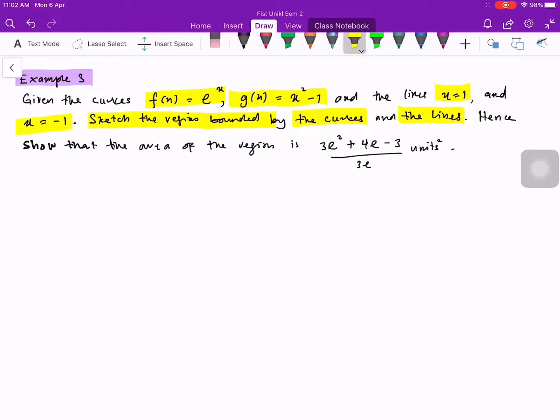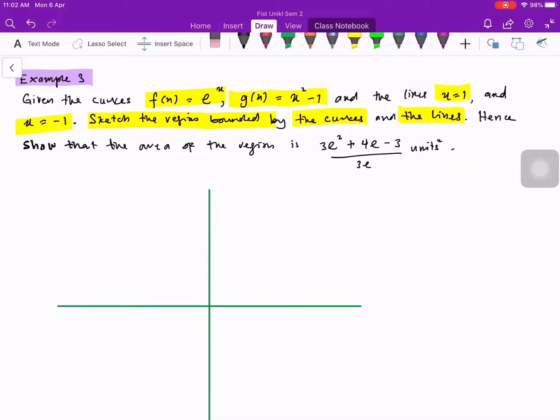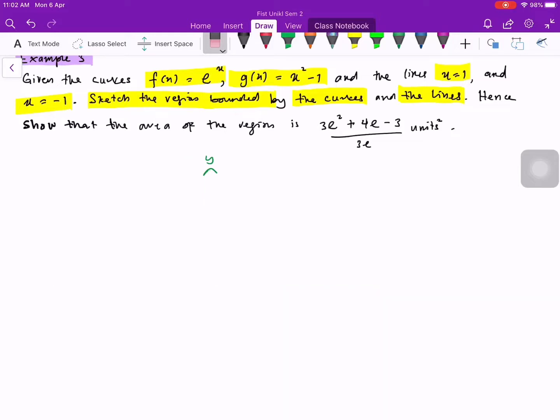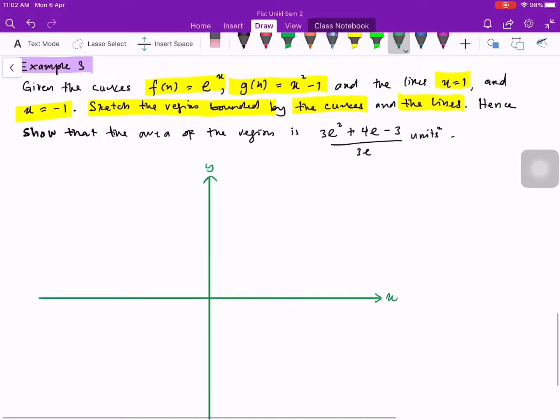So let's start to sketch the graph accordingly. This is the y-axis, and this is the x-axis.